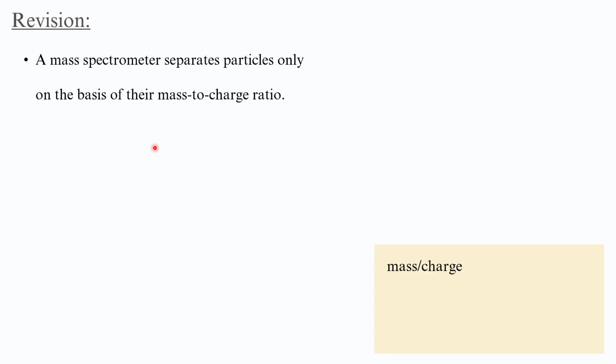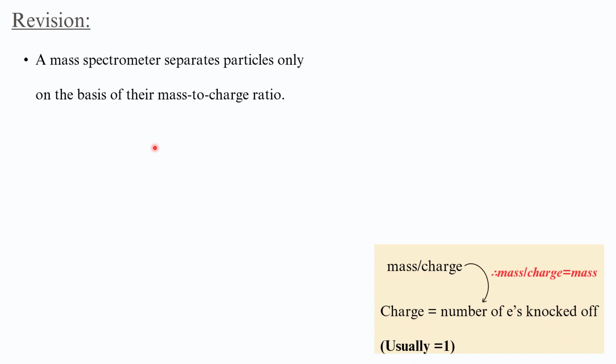When I talk about this charge, it is nothing but the number of electrons which were knocked off from that particular molecule or compound. Usually, since there is just a loss of one electron, this charge is always equivalent to 1. Hence, always the mass to charge is equivalent to the mass of that particular compound.